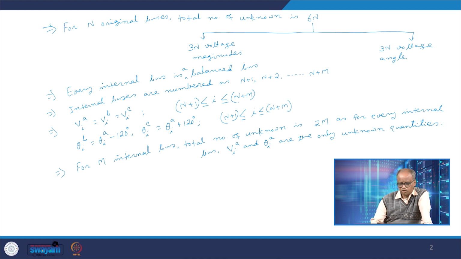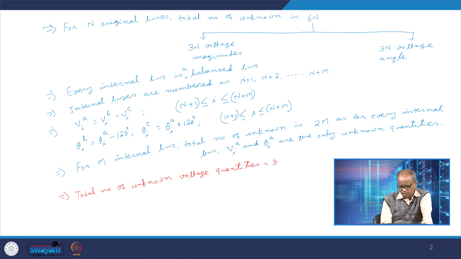So, the total number of unknown voltage quantities is 3n plus m. 3n are for the original buses and m is for the internal buses.